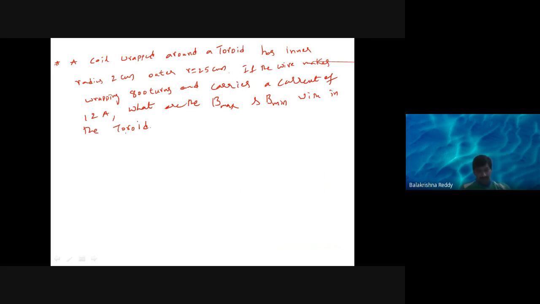Okay, first, which topic does this question belong to? We need to identify this as a toroid-based numerical. First, write the given data. A coil wrapped around the toroid has inner radius, let us say, 2 centimeters, outer radius 25 centimeters.